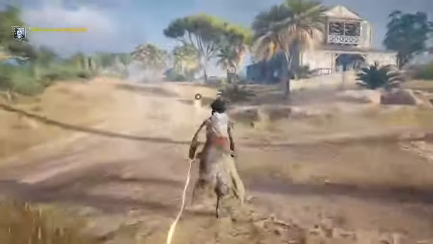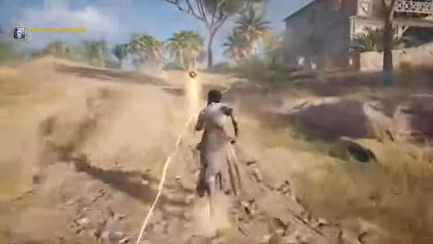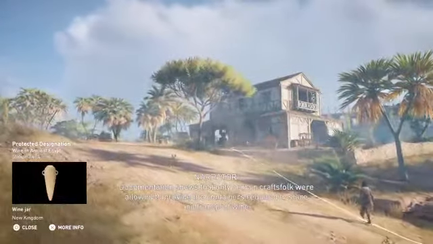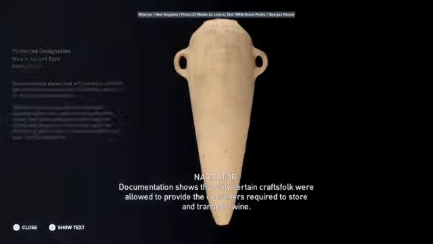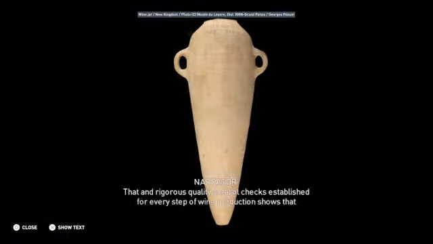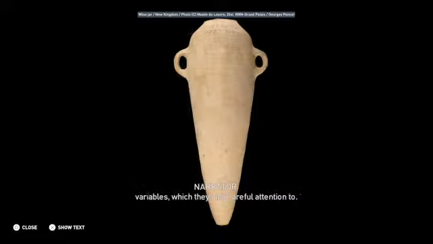It's right across the road here. Documentation shows that only certain craftsfolk were allowed to provide the containers required to store and transport wine. That and rigorous quality control checks established for every step of wine production show that ancient Egyptians knew that the quality and longevity of wine could easily be affected by any number of variables, which they paid careful attention to.